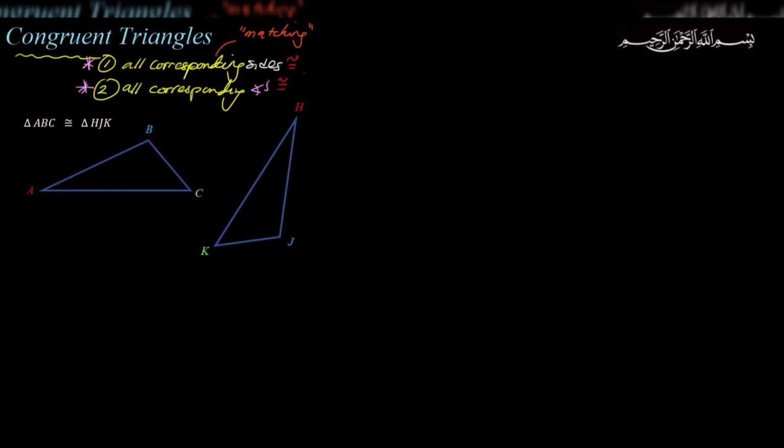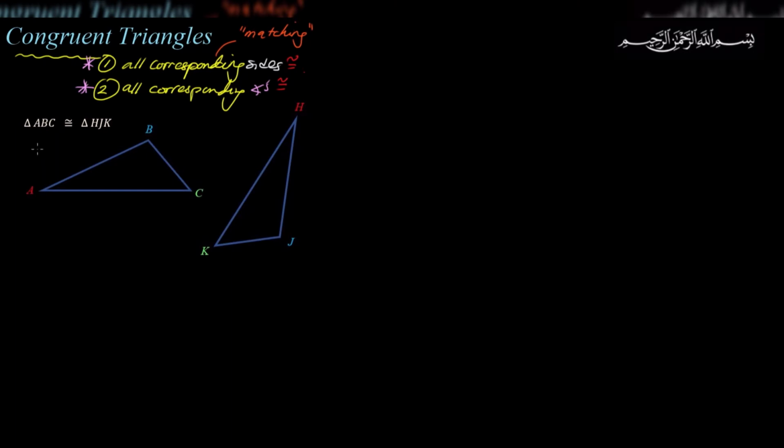So here, for example, we have two triangles, and the statement says triangle ABC is congruent to triangle HJK. So we have triangle ABC, and we are told that this triangle is congruent to this other triangle, triangle HJK. Now, the order of the letters is very important.